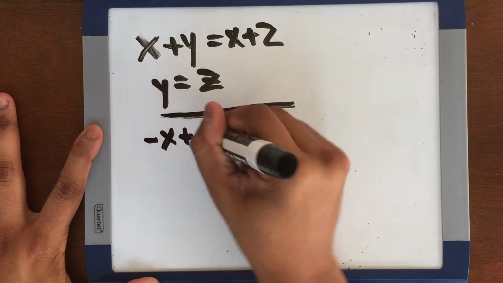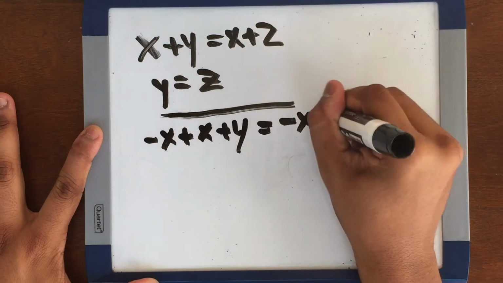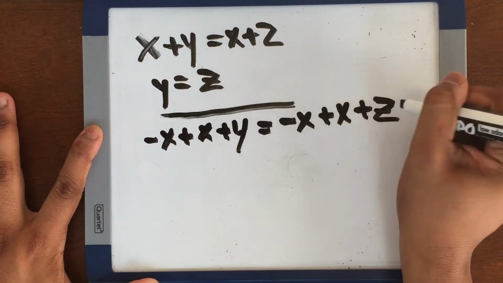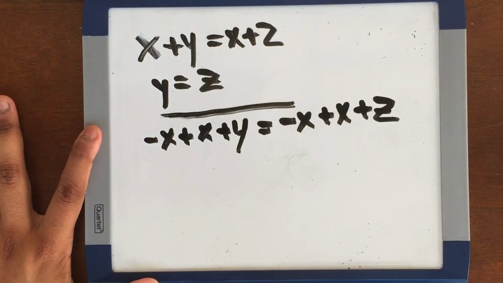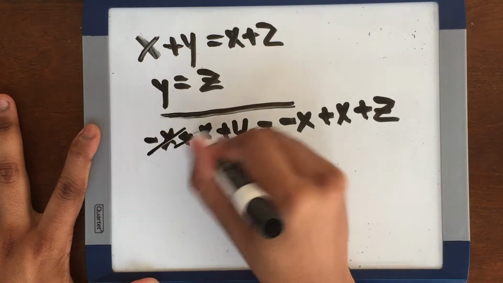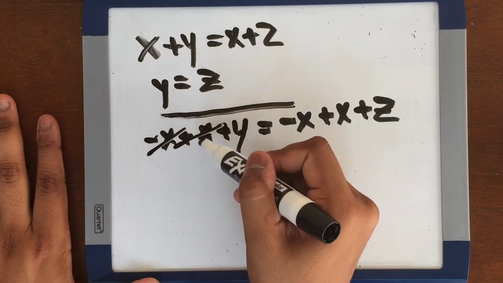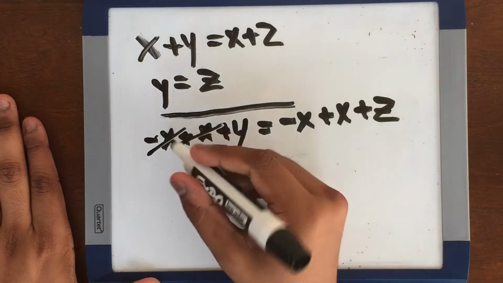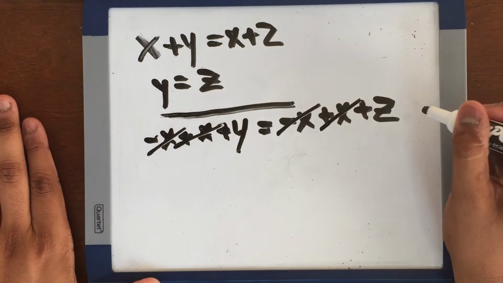Negative x plus (x plus y) is equal to negative x plus (x plus z). Okay? This we can do because of the equality relationship that we've developed. So by the associative property and the property of inverses, we can assume that this plus this will, because this is the inverse of x, be the equivalent of 0, and similarly for this.